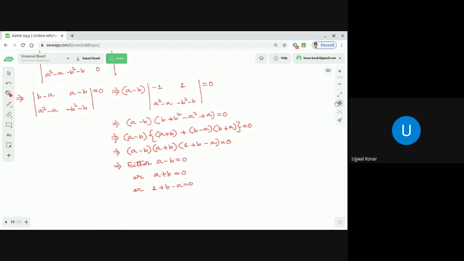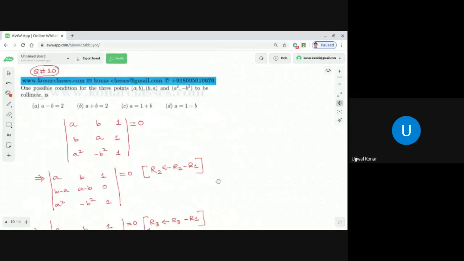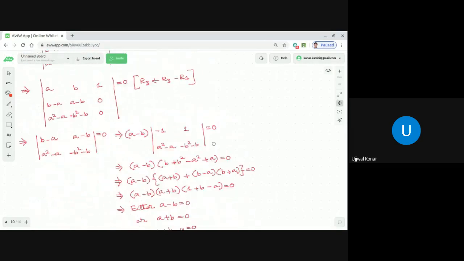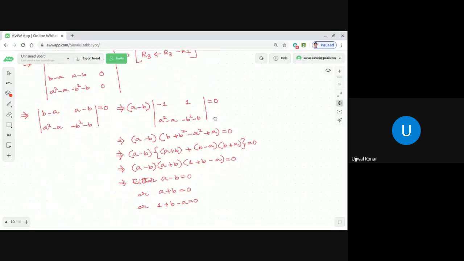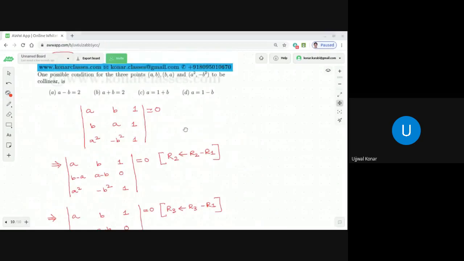Now let's see which option is given. Among these options, a is equal to 1 plus b is the correct option here, and we get that option C is the correct one, dear students.